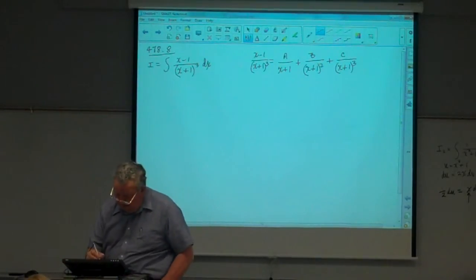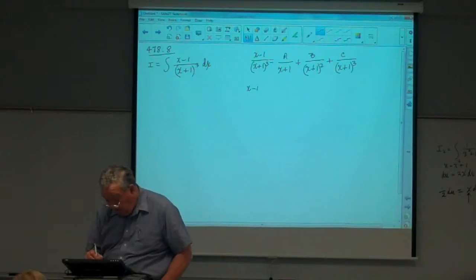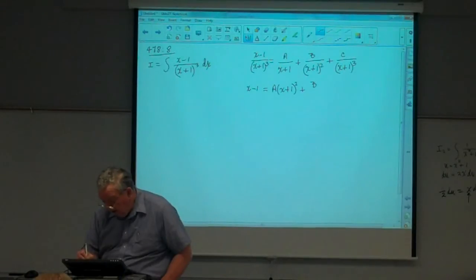Then we have x minus 1 is equal to a times x plus 1 squared plus b times x plus 1 plus c.